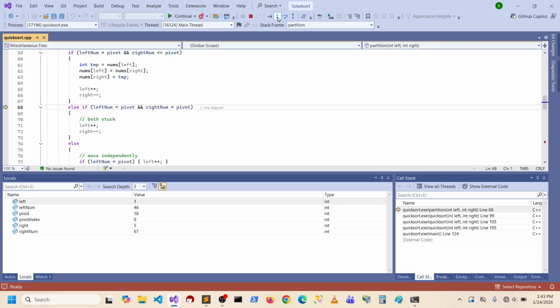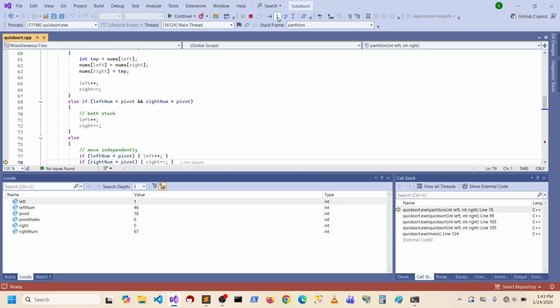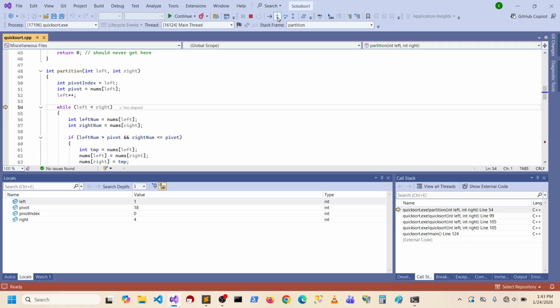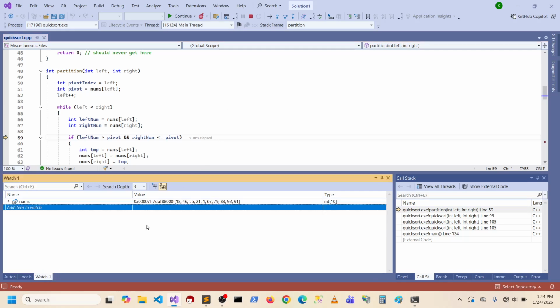So right is going to increment, or decrement. 46 still needs to be done. This one needs to be swapped too. So 46 and 1.